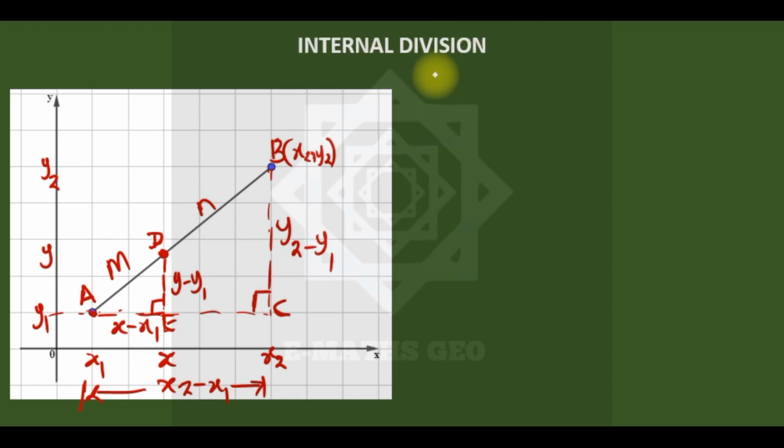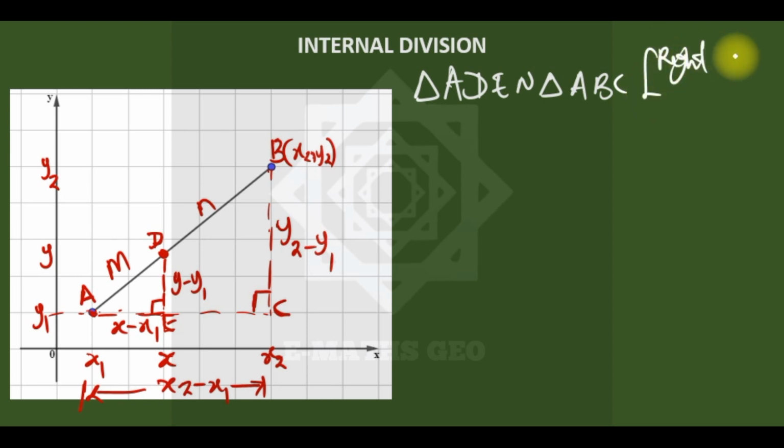So you can easily see that triangle ADE is similar to triangle ABC, by right triangle similarity theorem. Which implies that the ratio of the corresponding sides are equal.